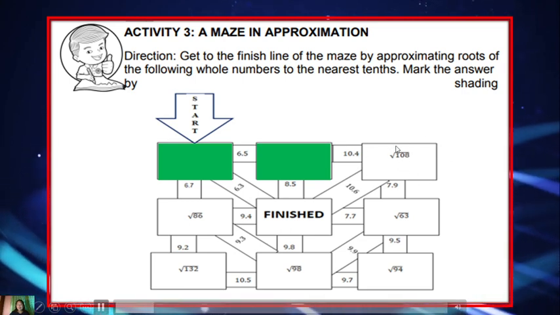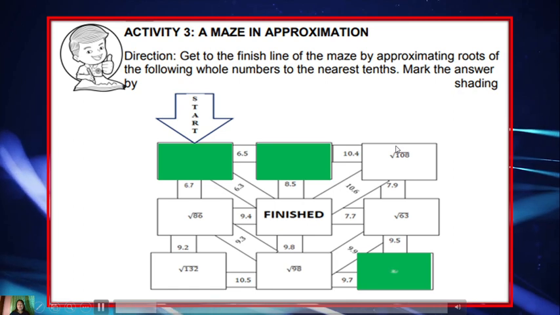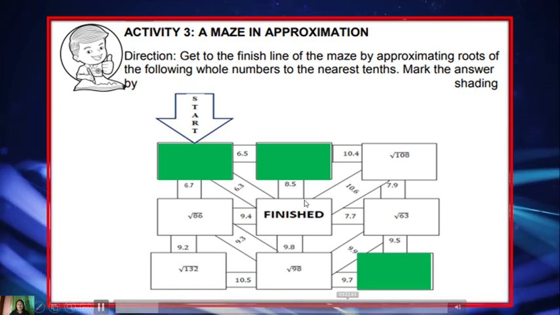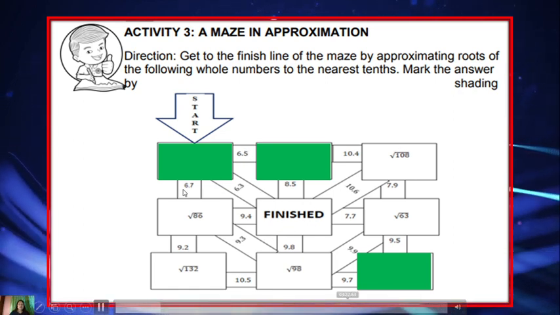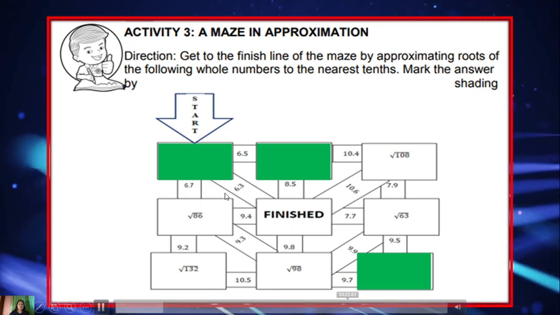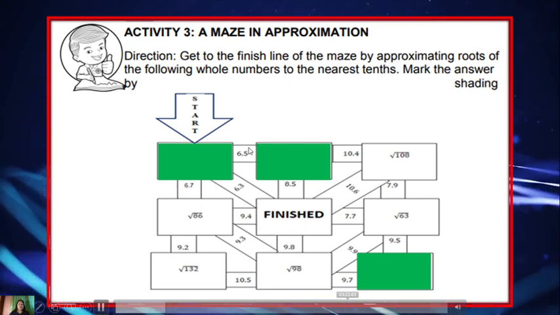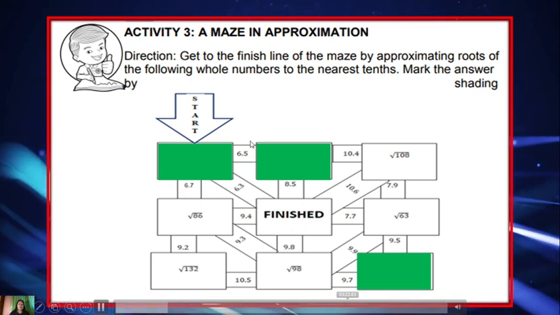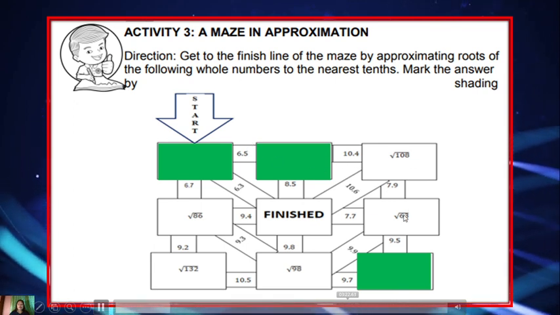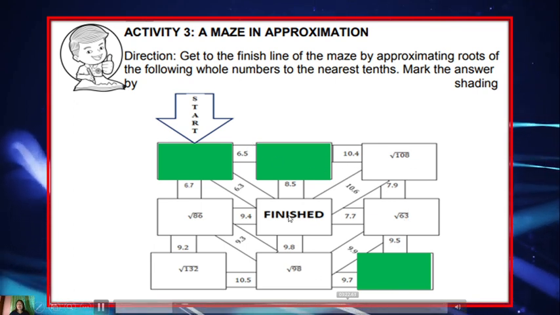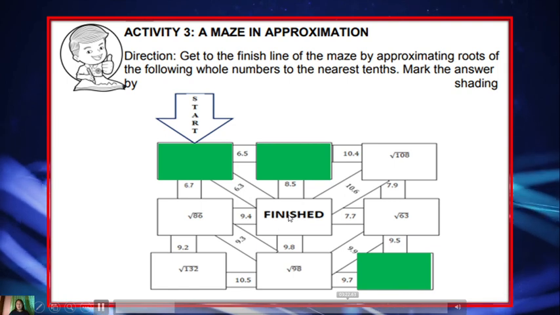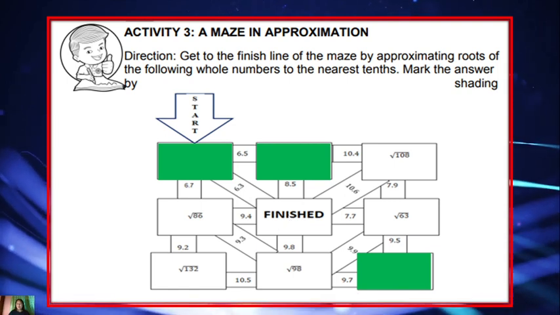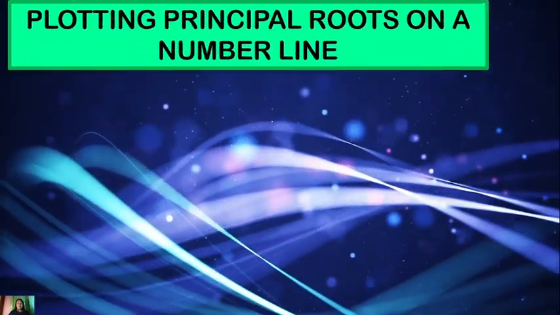Tama? Ganyan. Hanggang sa makarating ka dito sa finish line. So, meron kayong mga options dito, yung mga choices ninyo. So, meron na kayong mga hint. Diba? So, kinakailangan matapos mo hanggang sa finish. Okay? Doon sa finish.